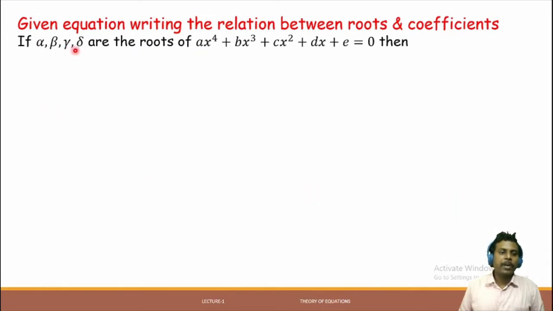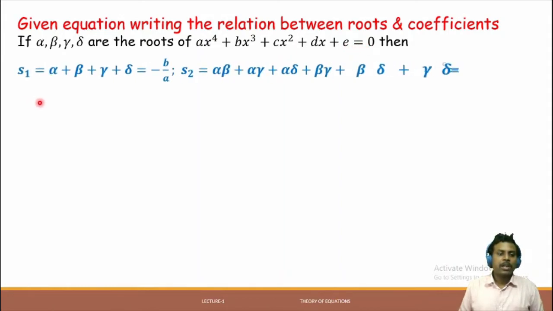If alpha, beta, gamma, delta are the roots of ax power 4 plus bx cube plus cx square plus dx plus e is equal to 0, then what is S1? Sum of the roots, that is equal to minus b by a, that is minus x cube coefficient divided by the leading coefficient. S2 is the sum of the product of roots taken two at a time, equal to c by a. c by a is x square coefficient divided by the leading coefficient.